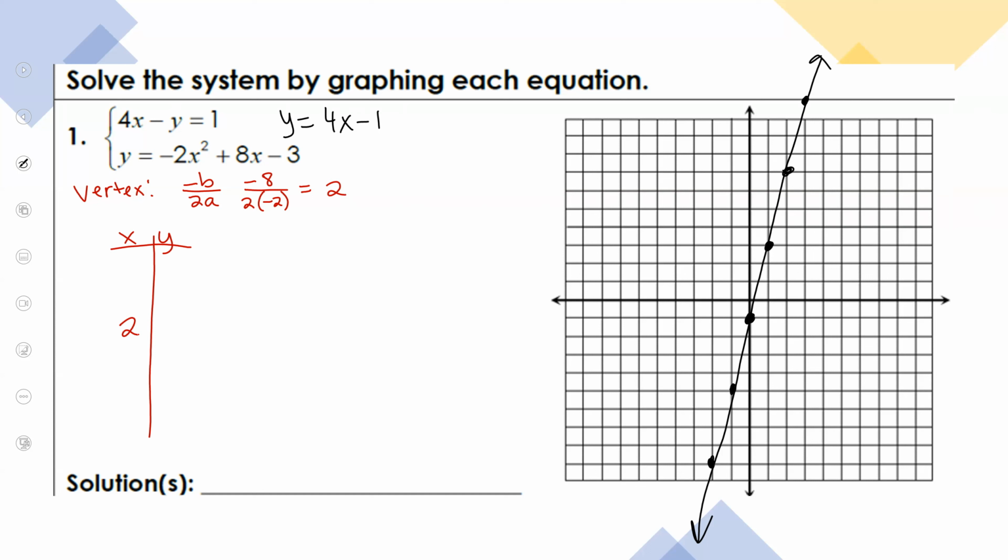We're going to plug in a 2 into this equation. Remember, we always do exponents first. So this is 2 squared, which is 4, times negative 2 is negative 8. Plus 16 minus 3, we get 5. So 2, 5 is the vertex. I'll go ahead and plot that. 2, 5 is right here.